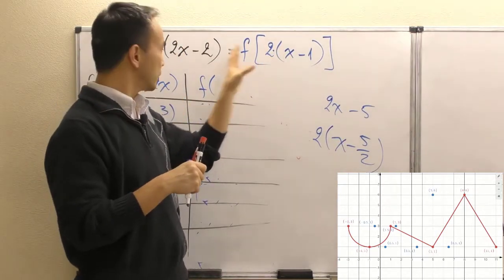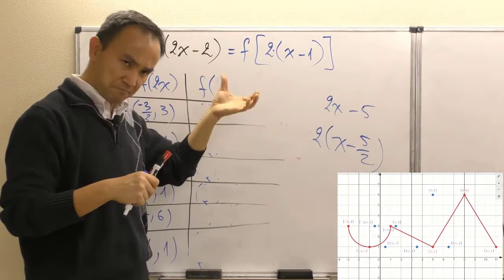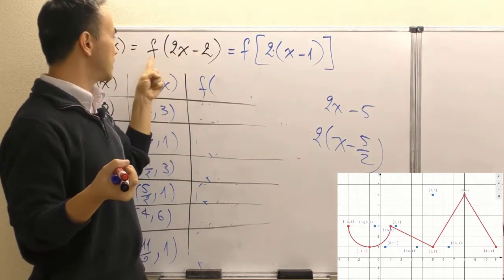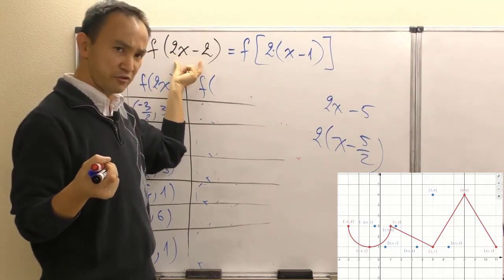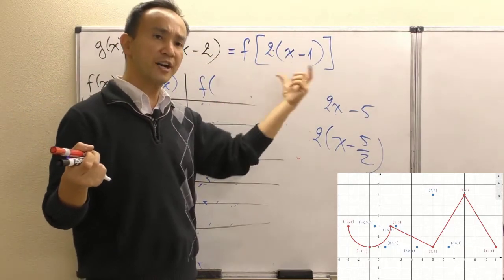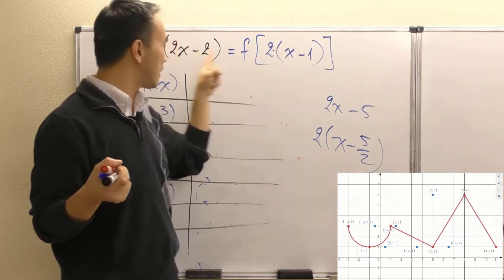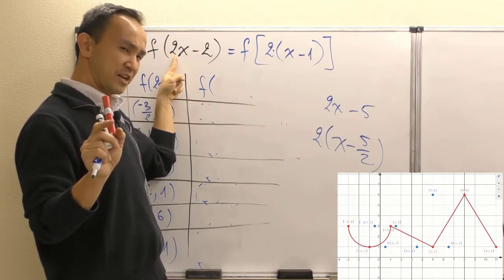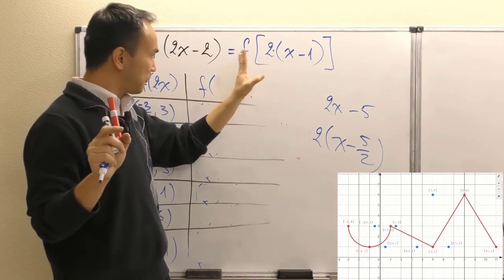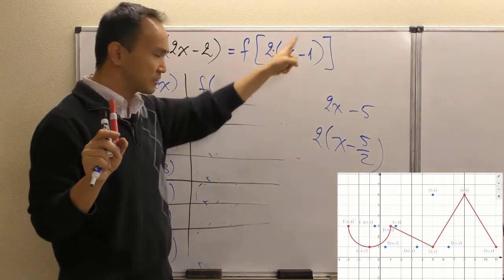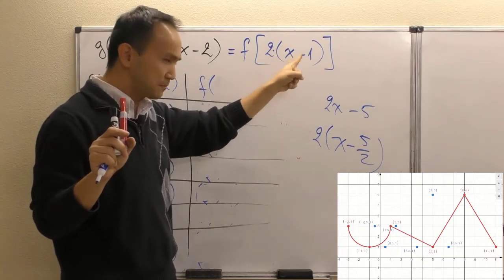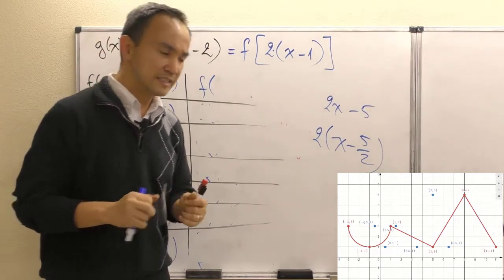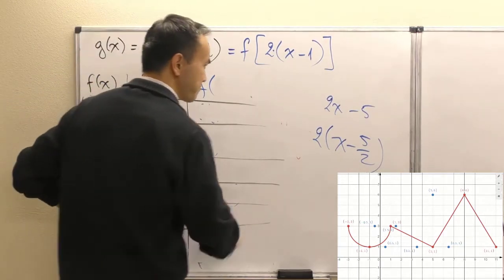Usually we are given a problem where the parent function takes a linear expression like this. But right now we're exploring the case where we factor out the lead coefficient from the part inside the parent function. So factoring that out, we end up with 2 times, in parentheses, x minus 1. So think about it this way.